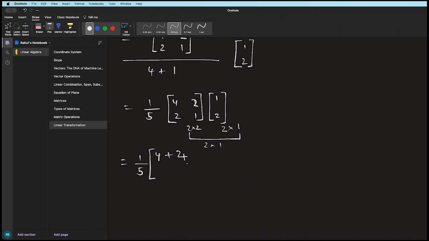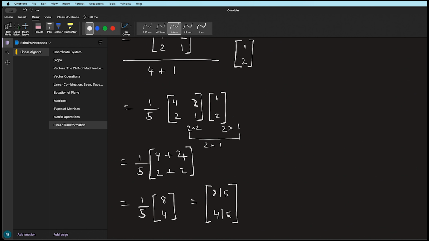So it will be 4 plus 4 and 2 plus 2. So I can write this as 1 by 5 and 8, 4, which is nothing but 8 by 5 and 4 by 5.